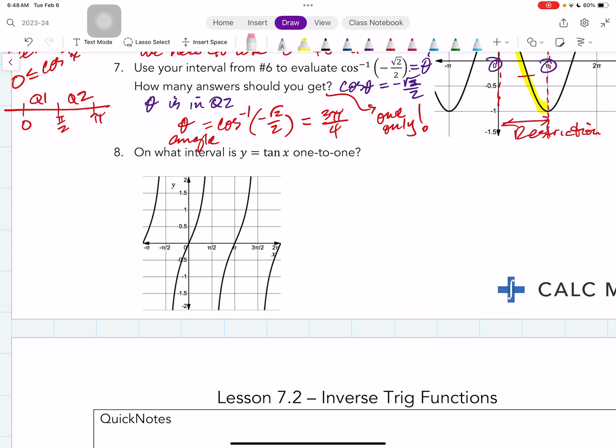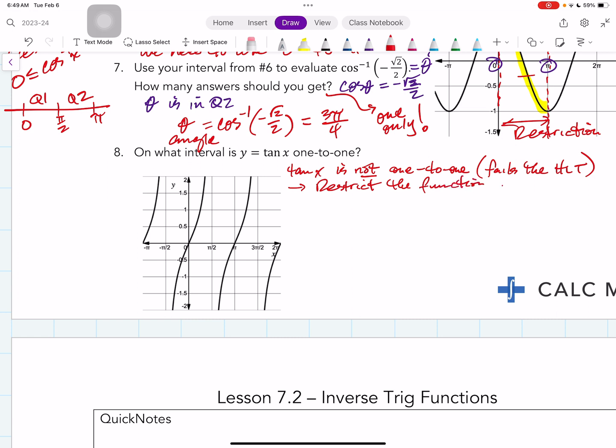The tangent function is not one to one, because it fails the horizontal line test. That means we have to restrict the function.